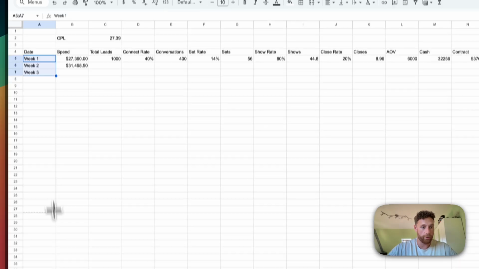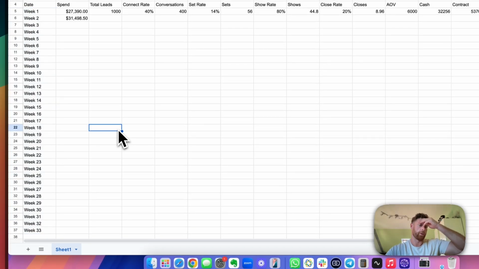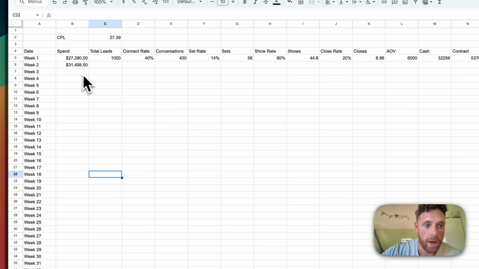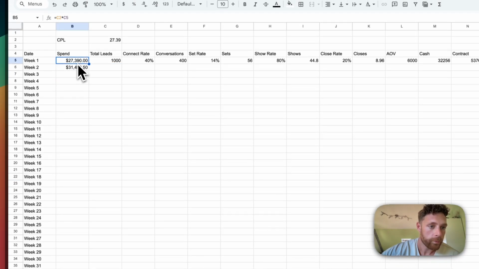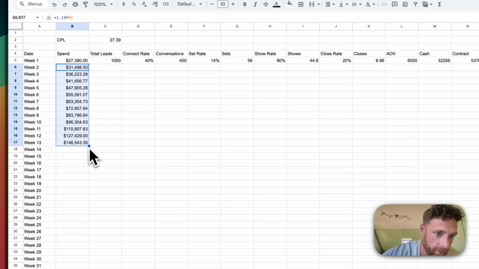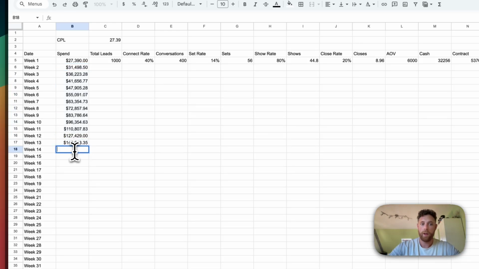Now, if you don't model numbers like this, or have someone on your data team that's modeling this out, you have to do this immediately. So we're just going to increase our spend ever so slightly like this, and then we're going to stop probably right here. So let's get it to 200K a week.